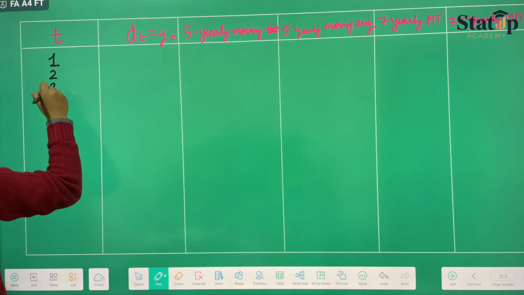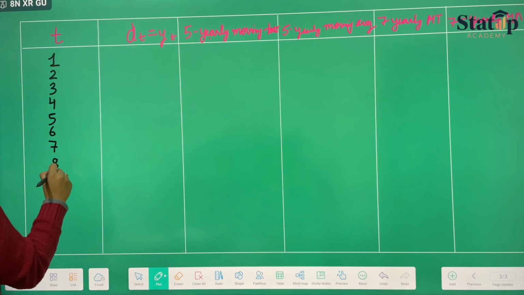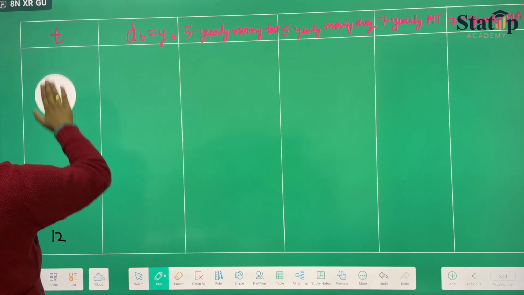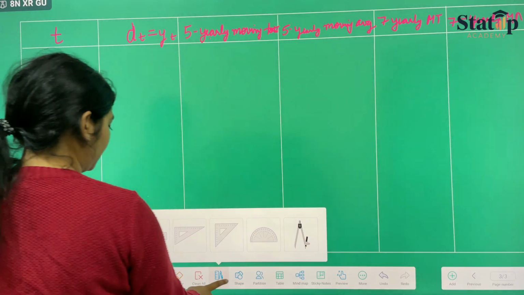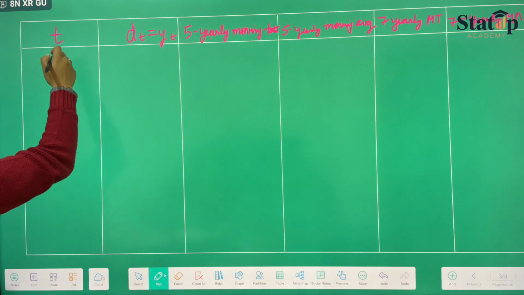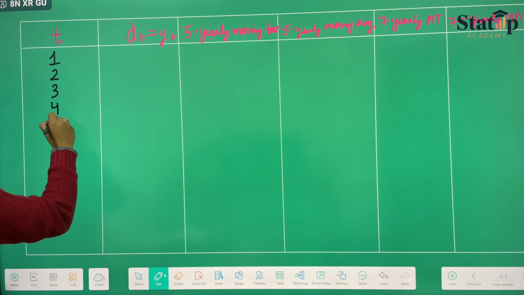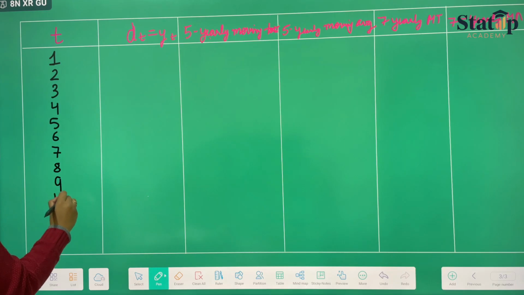Now our t goes from 1 to 12. So t is like this: 1, 2, 3, 4, 5, 6, 7, 8, 9, 10, 11, 12.